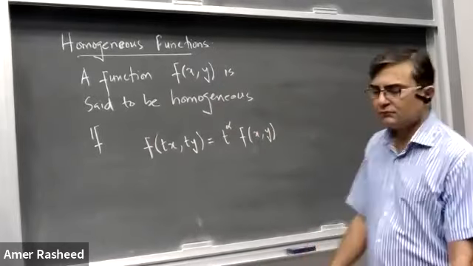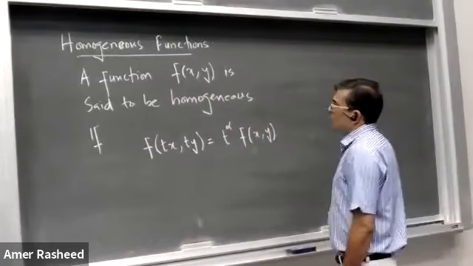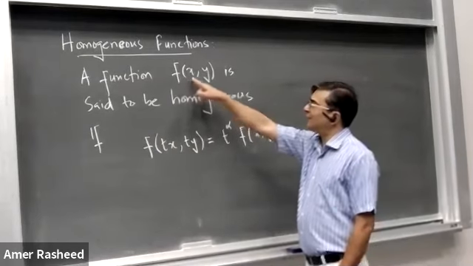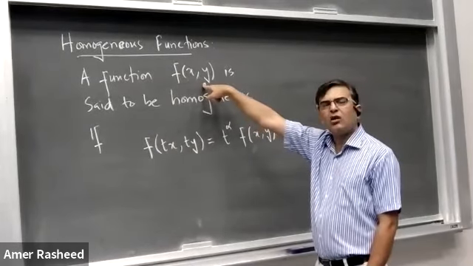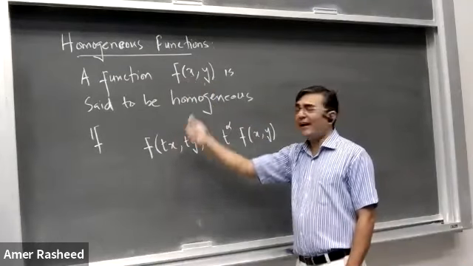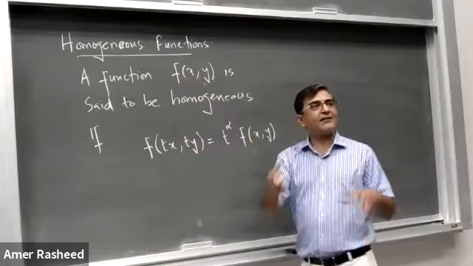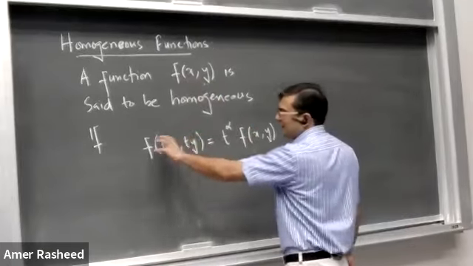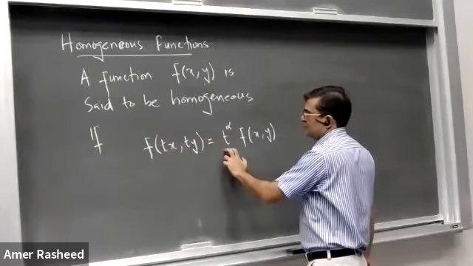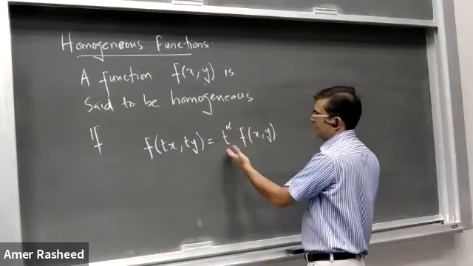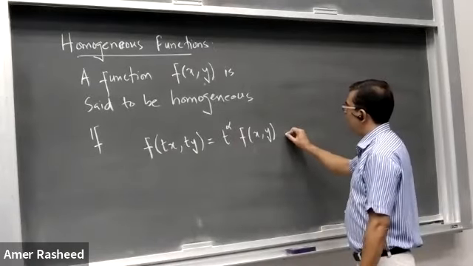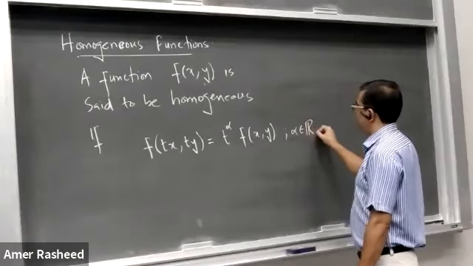What does this mean? If we have a function f of x, y, we call it homogeneous if we replace x by tx and y by ty in that function, and we can take some power of t common outside this function. Here t power alpha, and alpha could be any real number.